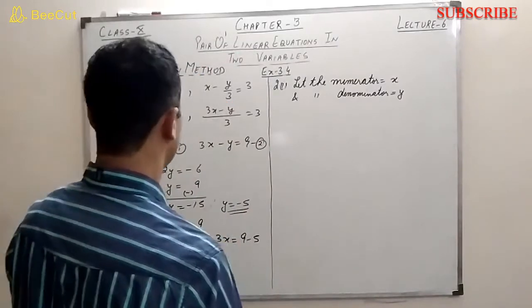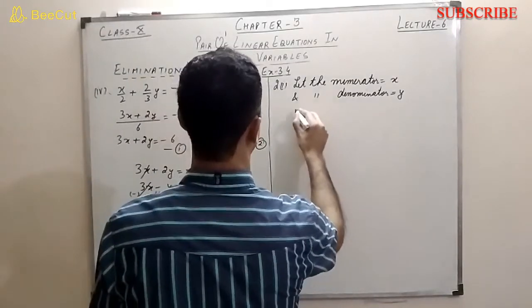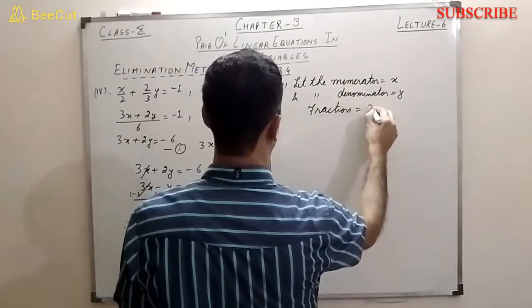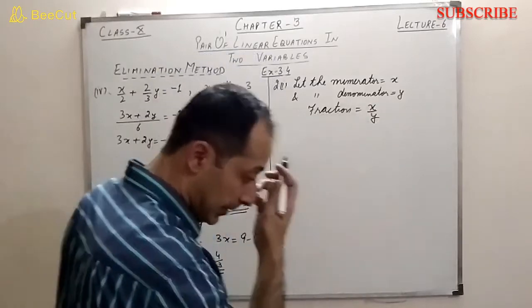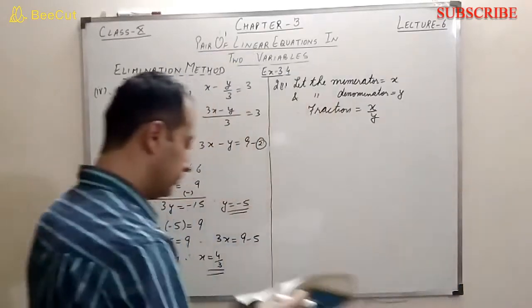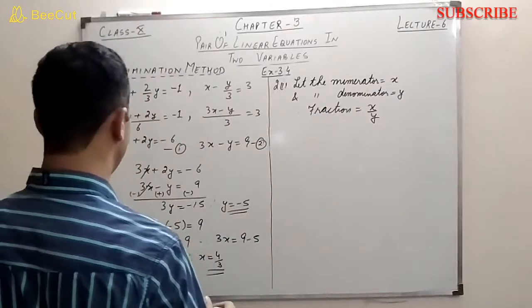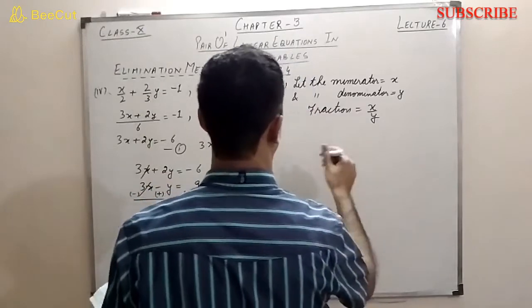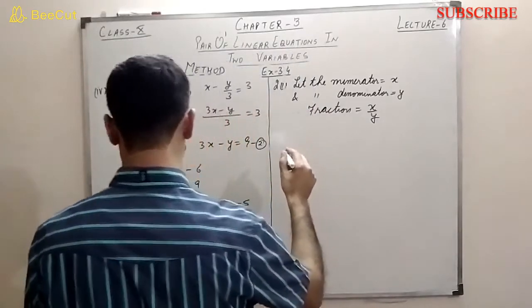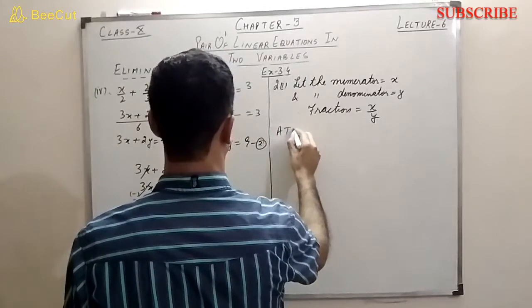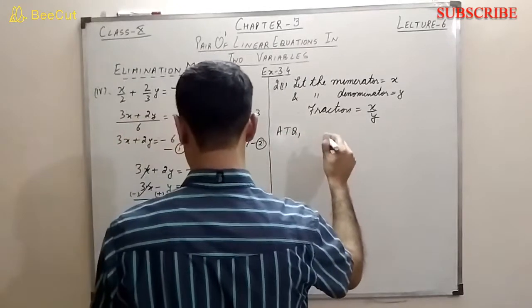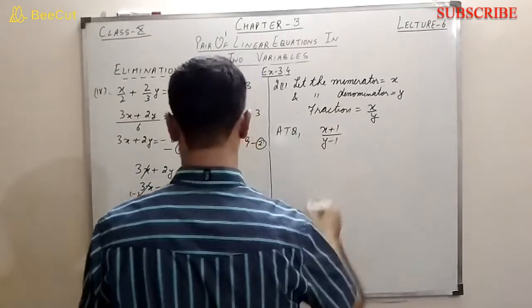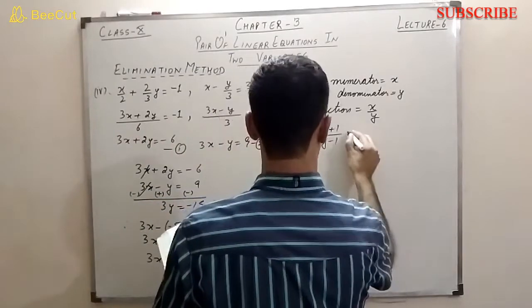Therefore, we write, therefore the fraction is equal to x by y. Alright, fraction is x by y. If we add 1 to the numerator, so according to the question, x plus 1 upon y minus 1 equals to 1.